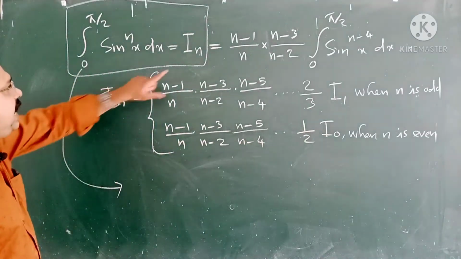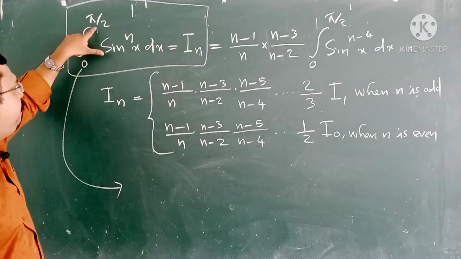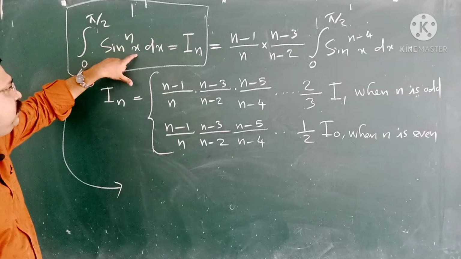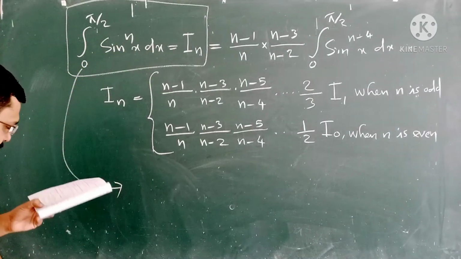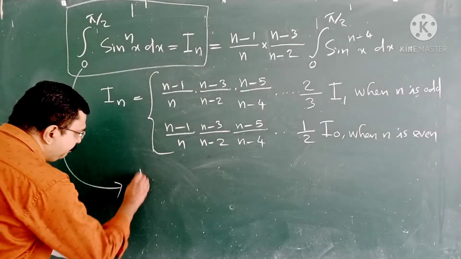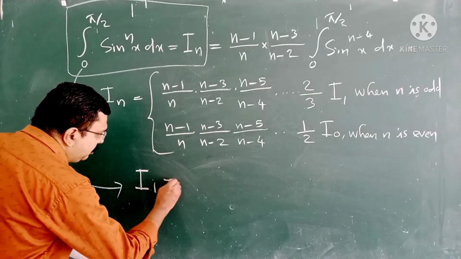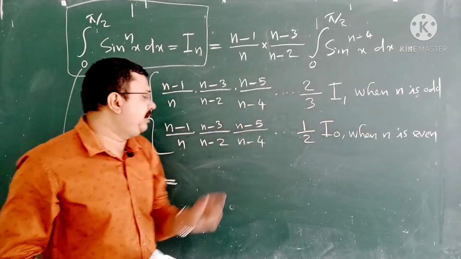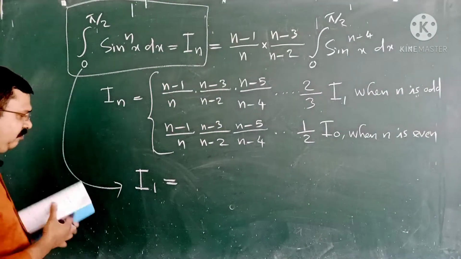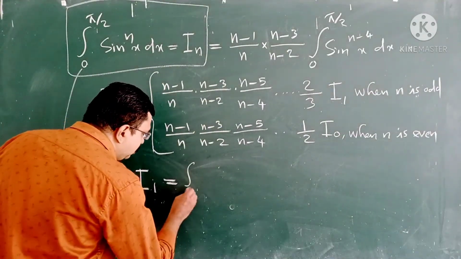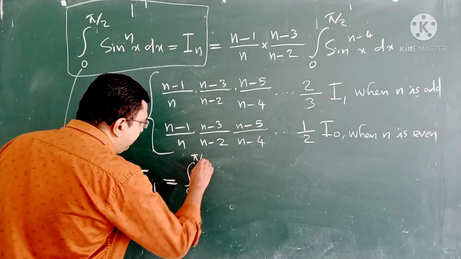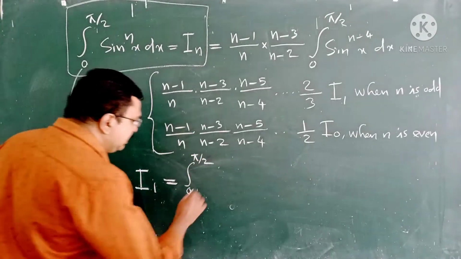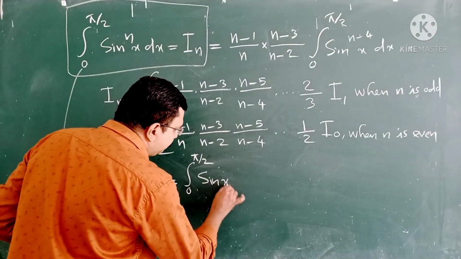In is integral 0 to pi by 2 sin^n x dx. Therefore, what is our I1? I1 is n replaced by 1. Therefore, we get I1 equal to integral 0 to pi by 2 sin x dx.